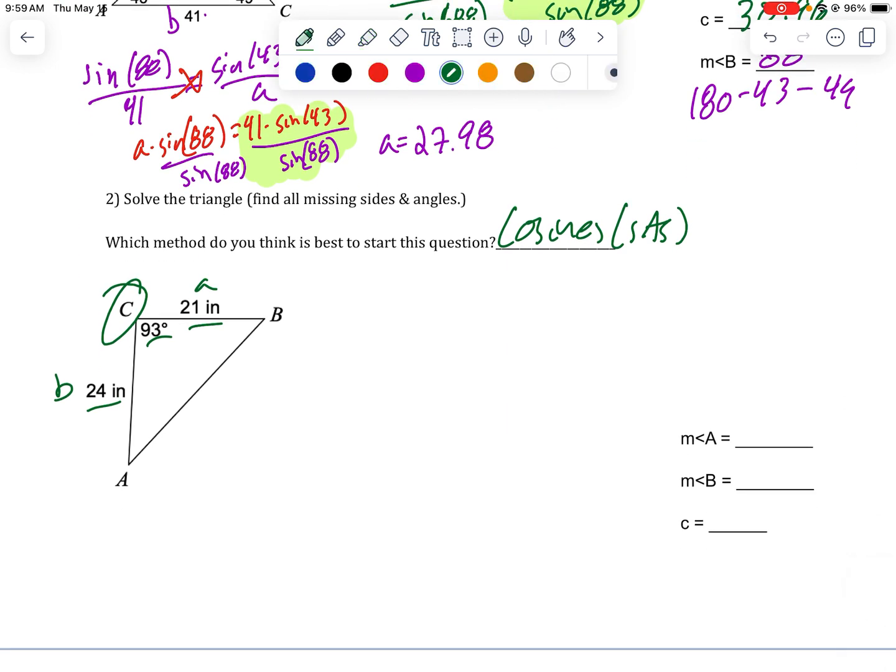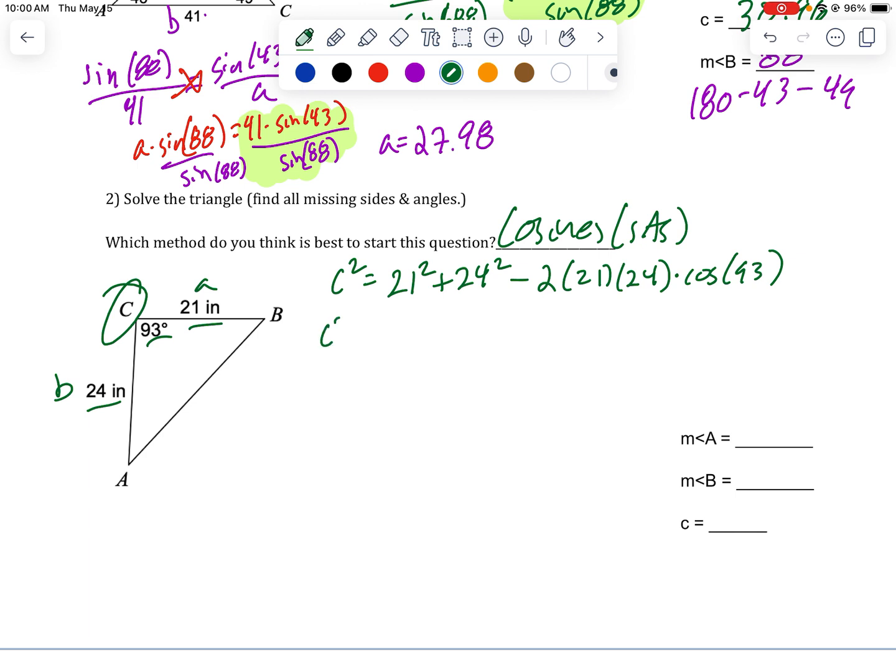So here we go. C squared equals A squared plus B squared minus 2 times A times B times the cosine of 93. All right, now I'm going to simplify this.